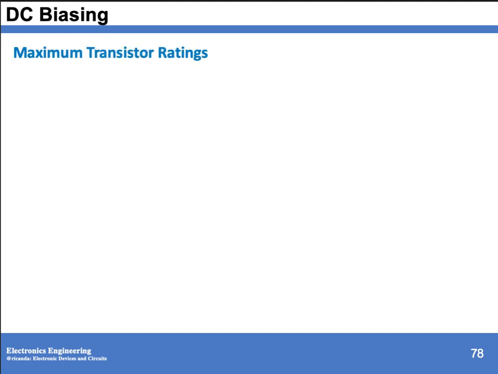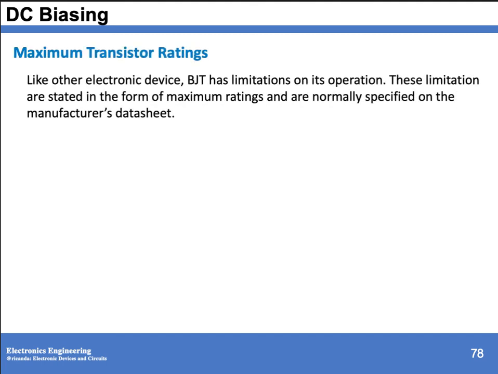So, maximum transistor ratings. Like any other electronic device, a BJT also has limitations on its operation. These limitations are stated in the form of maximum ratings and are normally specified on the manufacturer's datasheet.